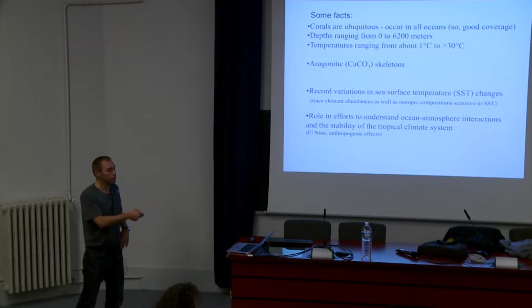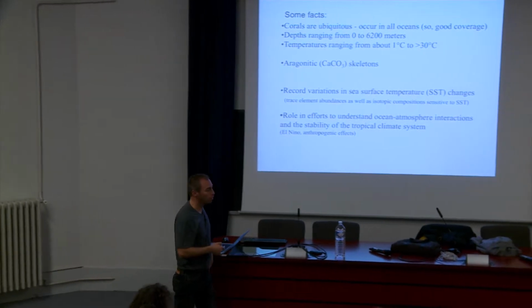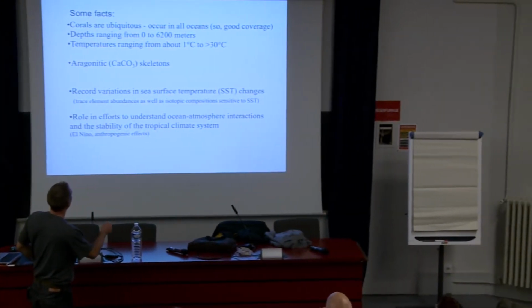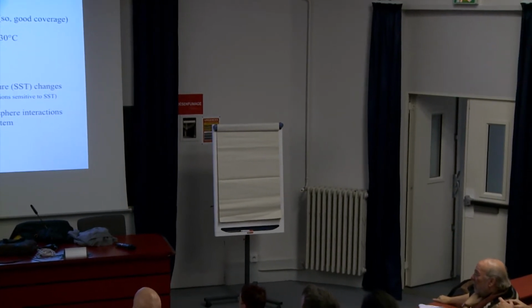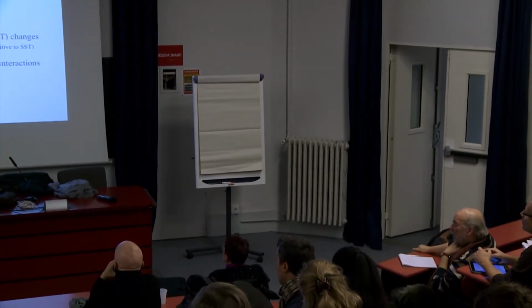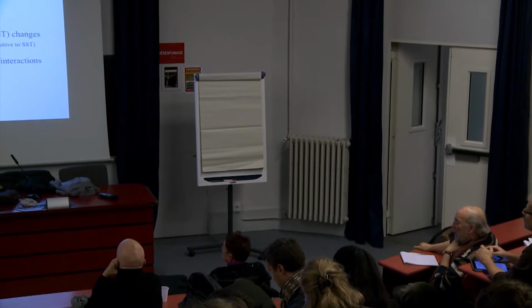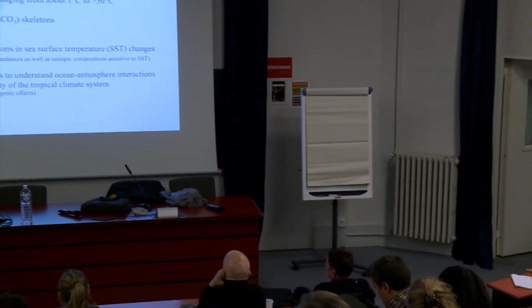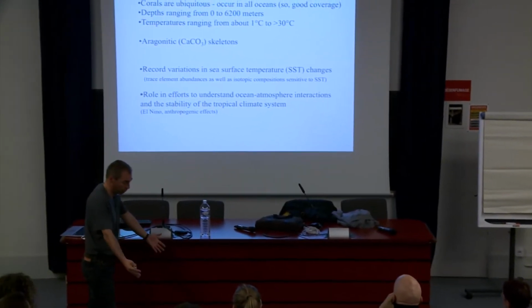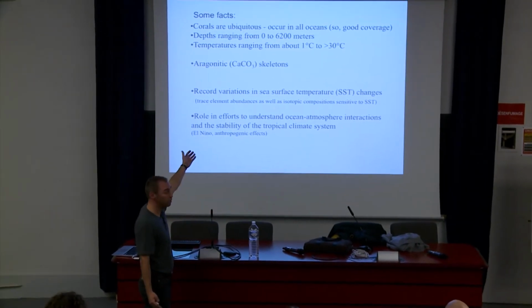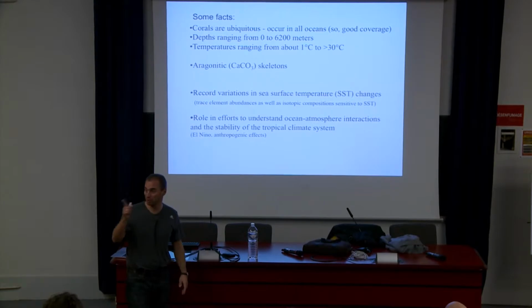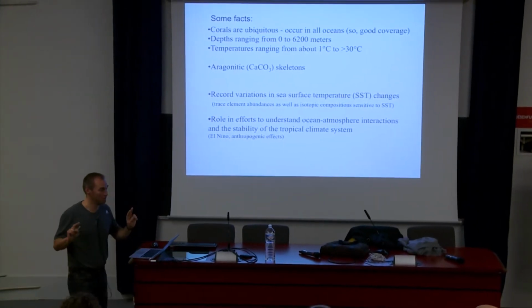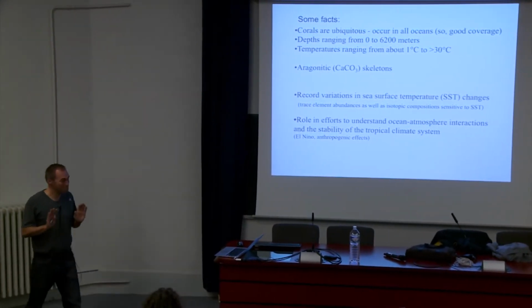Yes? You said depth ranging from 0 to 300. So they live, in the tropics, the different species of corals, the reef-building corals, they are basically at the surface of the water. And then you have deep sea corals, still belonging to the same taxa. I have to be very careful now because there are people from the museum.